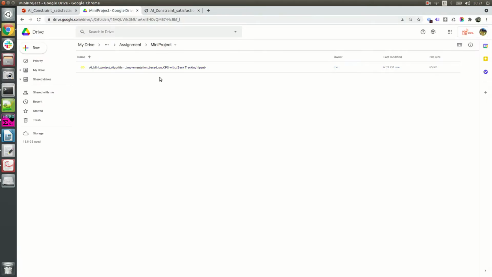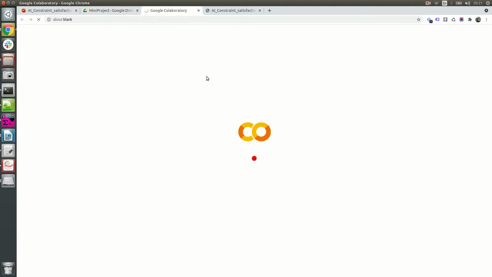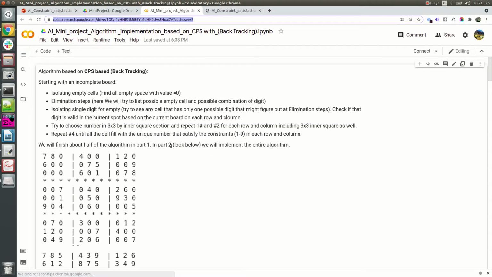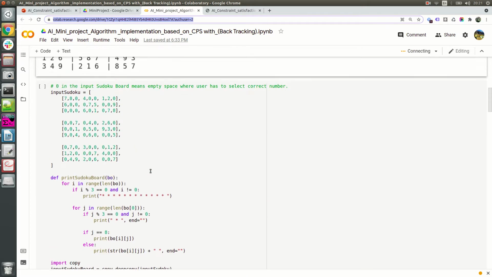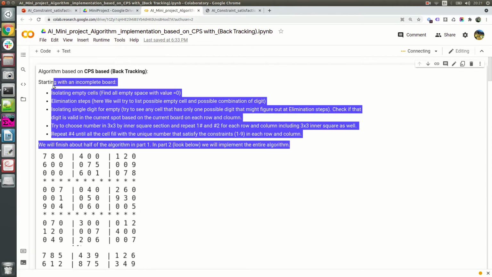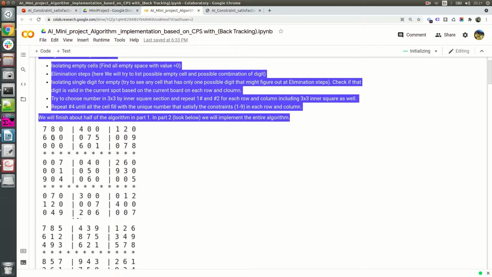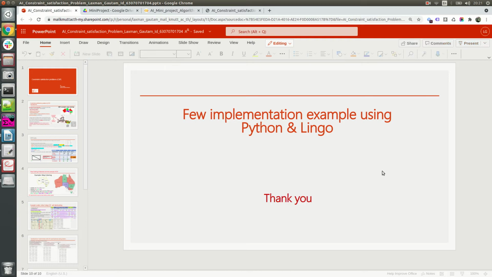I have implemented the Sudoku solver program using Google Colab, and let me open it. This is the Google Colab code structure which I have implemented, and this is the same algorithm which I have explained earlier in the presentation, and this is the problem which I have shown here.